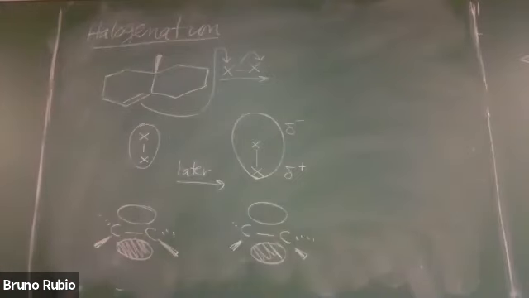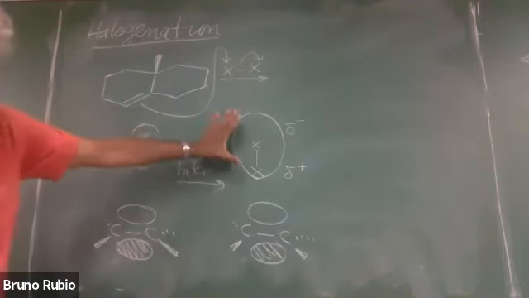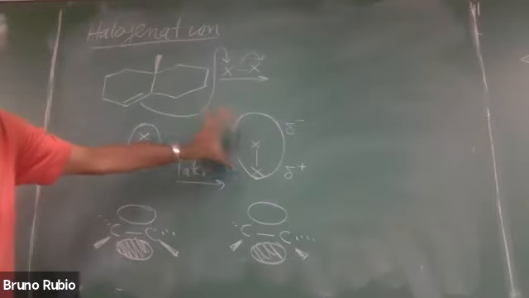We've set up the very same situation that we saw with HCl and HBr and HI. We have a positive end and a negative end of this molecule. This is called an instantaneous dipole.